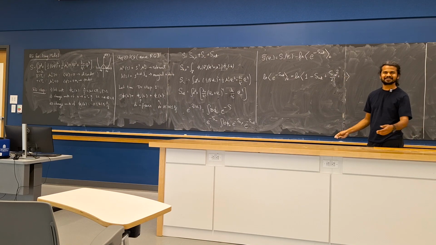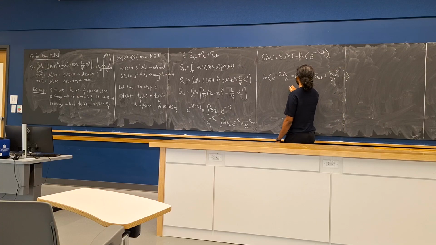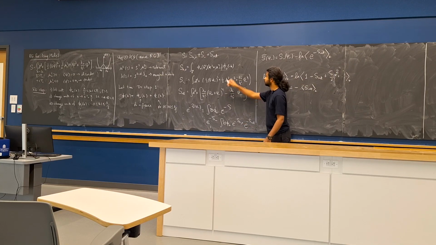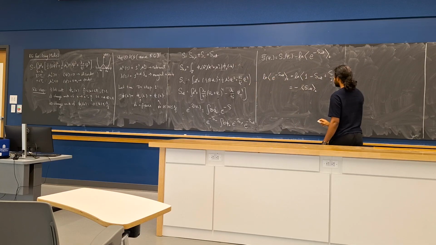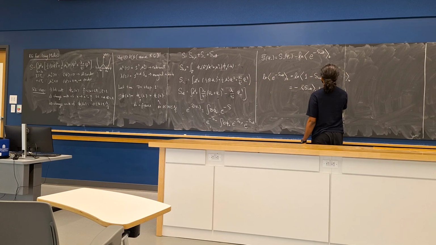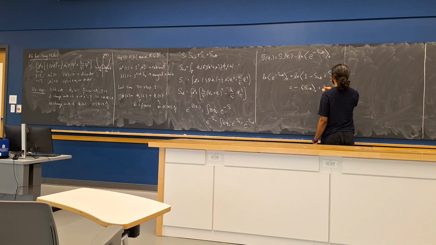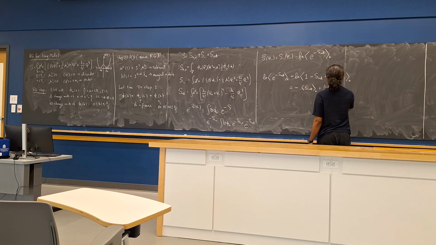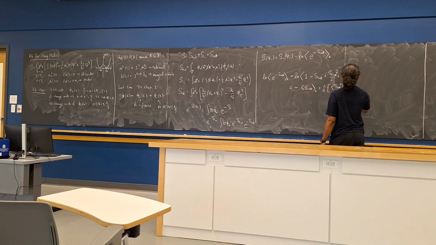Whenever we see that, we expand it without even thinking. So this is approximately minus S int plus, this plus just means the expectation values with respect to this free action, plus 1 by 2 S int square plus minus S int plus square.